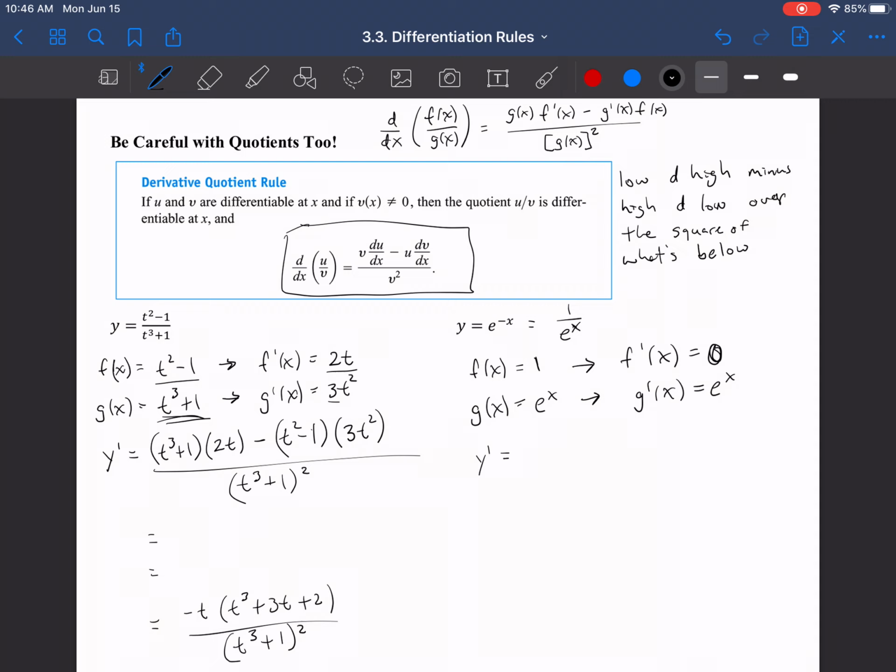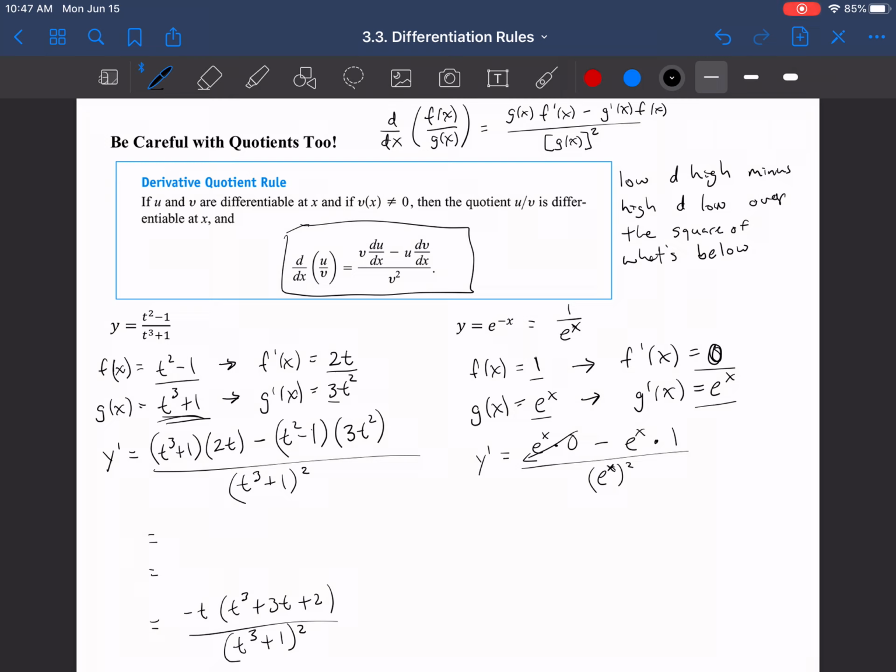So we've got the first function, e to the x, times, right? This is our denominator, times the derivative of the numerator, so times 0, so that's 0, minus the derivative of the denominator, e to the x, times the numerator, which is just 1, all over the denominator squared, e to the x squared.